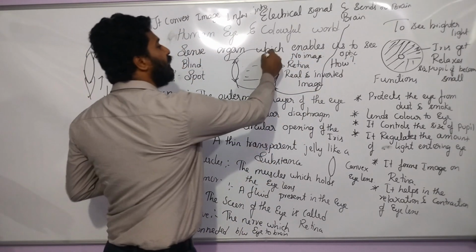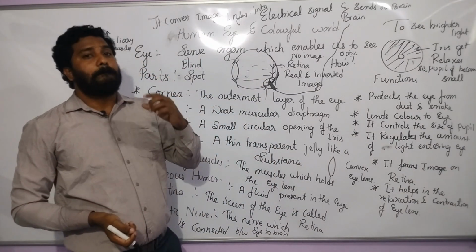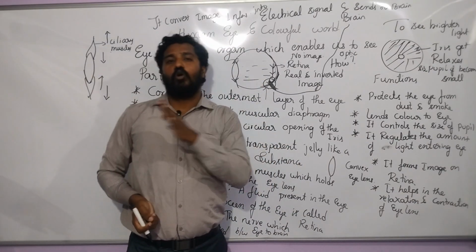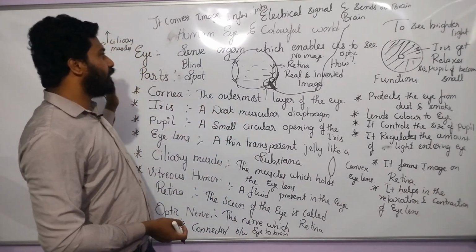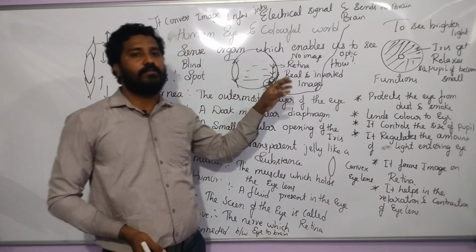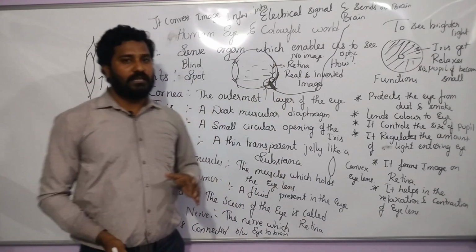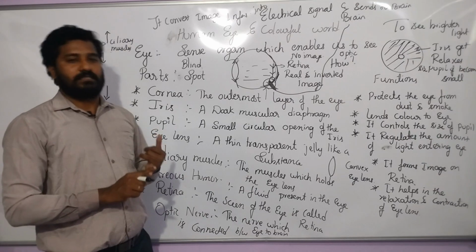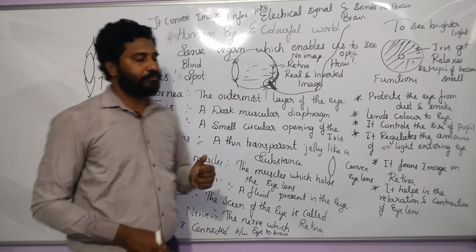All images form on the retina, but on the blind spot, no images are formed. This is about the important parts and functions of the human eye, very important especially in MCQs. They will ask what this is and what the functions are.